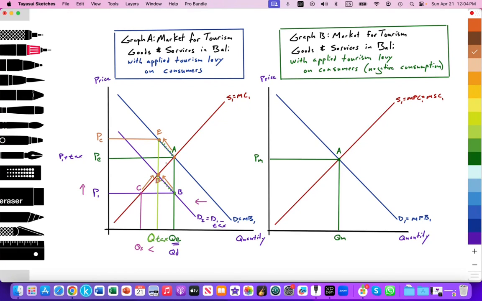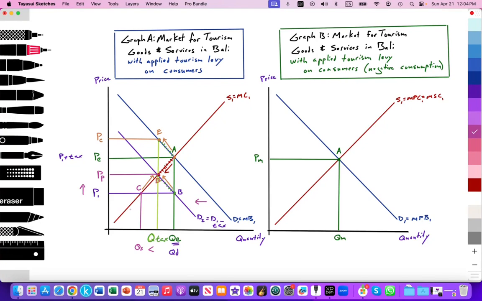And that's going to lead to a reduction in the quantity of supply from point A to D if the firm is operating along their supply curve. All right, so we see a reduction in the quantity supplied, which takes us to Q tax. And then here we have the price received by the producer.